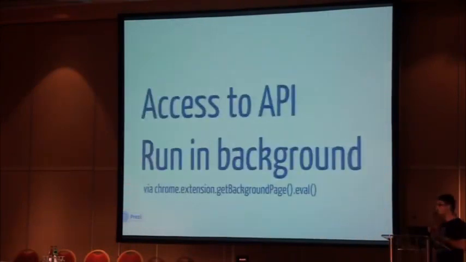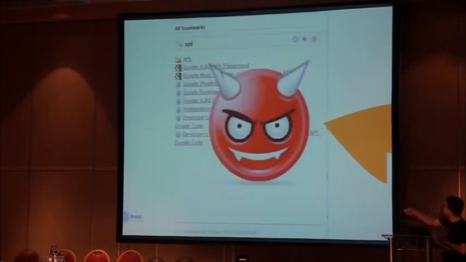But it's not a DOM XSS in just a website. It's an XSS in the view page of an extension. So we get access to all the APIs that the extension was permitted to access. And we can also really simply run in the background, because that view page is actually just displayed momentarily when the user presses the pop-up button.